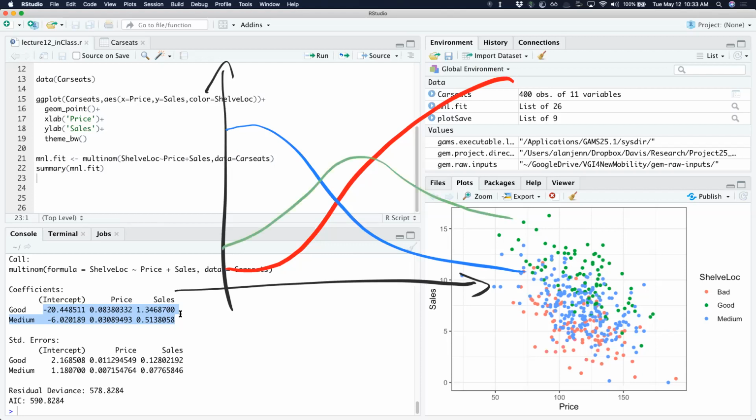The whole point is that at any given point here, these always sum to 1.